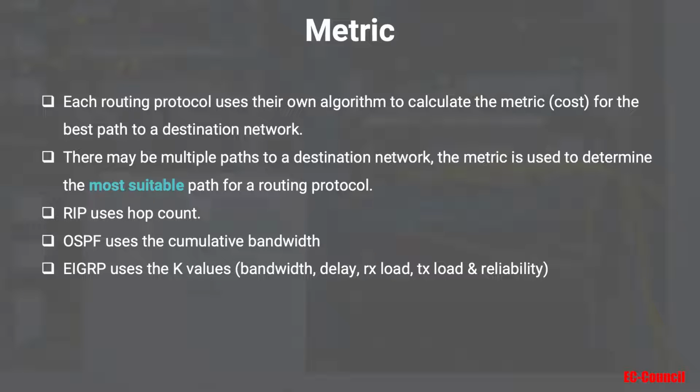OSPF uses the cumulative bandwidth between a source and destination network, while EIGRP uses what we call the K values or the K weights, which are bandwidth, delay, receiving load, transmitting load, and the reliability of the link. However, EIGRP uses primarily bandwidth and delay to calculate the best cost to reach that network.